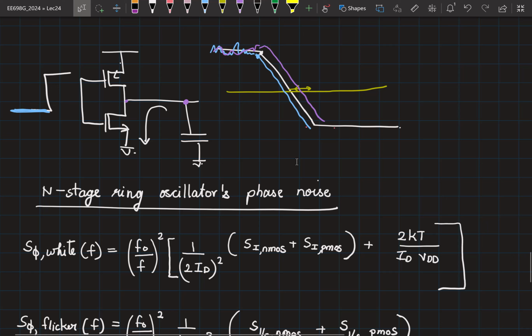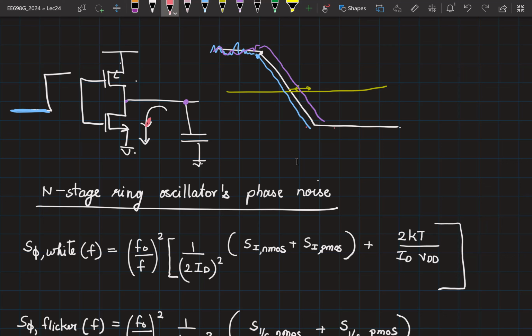So if you had a rising edge, right, the drain currents of these are going to cause a fluctuation in the falling edge, right? Different drain current is going to cause how the edge is falling. Now this portion wherein the PMOS. Where is the marker? Cannot see the marker.